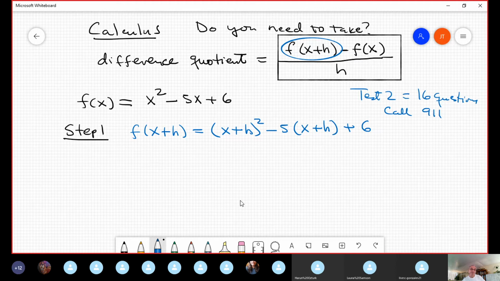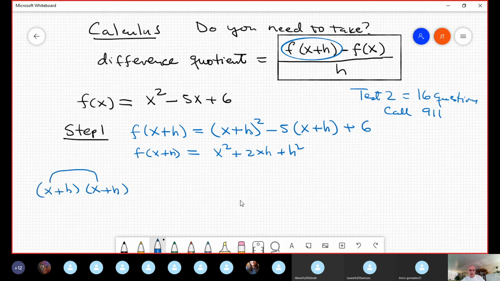Okay? I feel no, because I need to expand this h. You expand this: x squared plus 2xh plus h squared. You FOIL, no? Let me do it quickly here in one corner, to make sure I did it okay. X times x, x squared. X times h is xh. H times x is also xh, organized in this order.